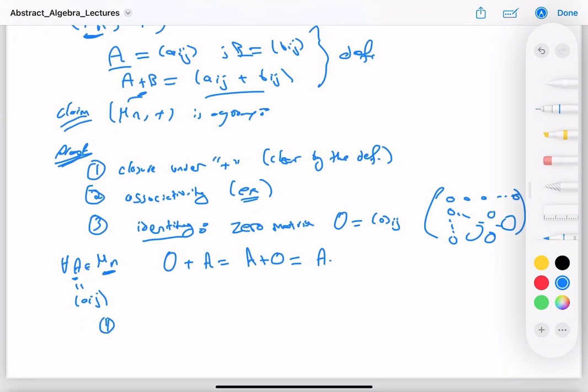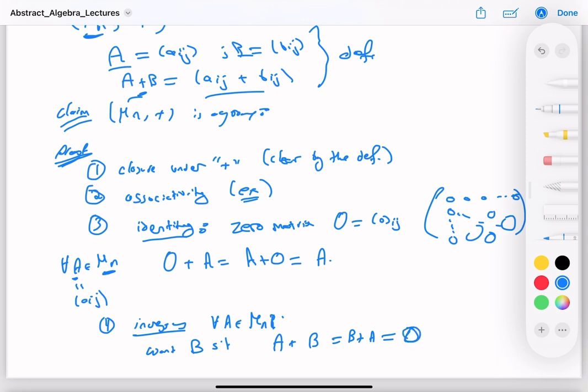The fourth thing that we need to prove is the existence of inverses. So for every A in Mn, for every matrix A, we want to find an inverse to it. We want to find a matrix B such that if we add A to B in either way, we get the identity.